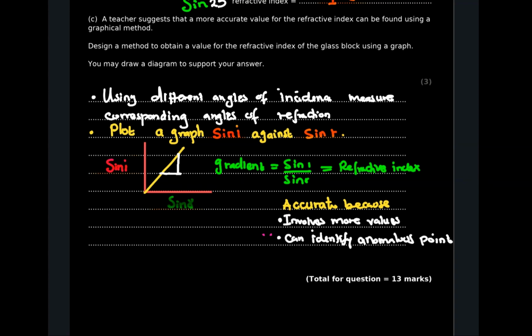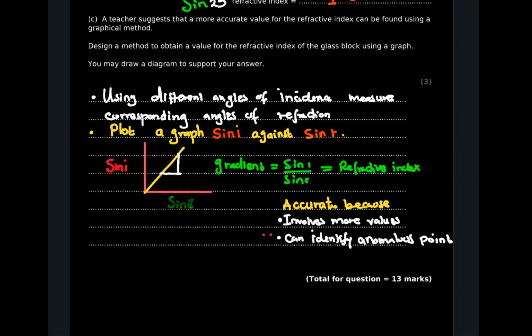Anomalous points are those values or readings you find that are inconsistent with the rest, they are much above the rest. So if you take many readings for this method, and you identify there is one reading that is so big or so huge, it means that's an anomalous point, and then you are going to draw a line of best fit.